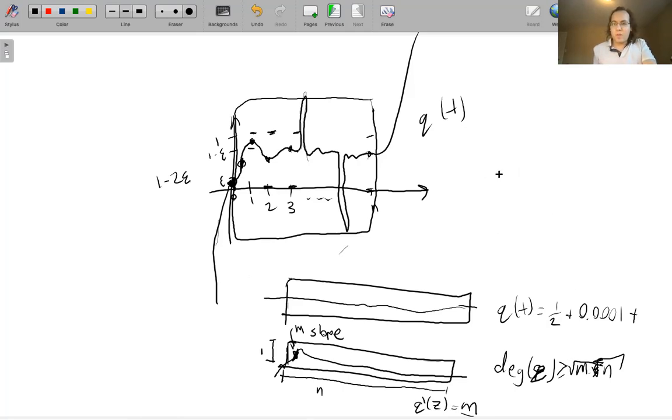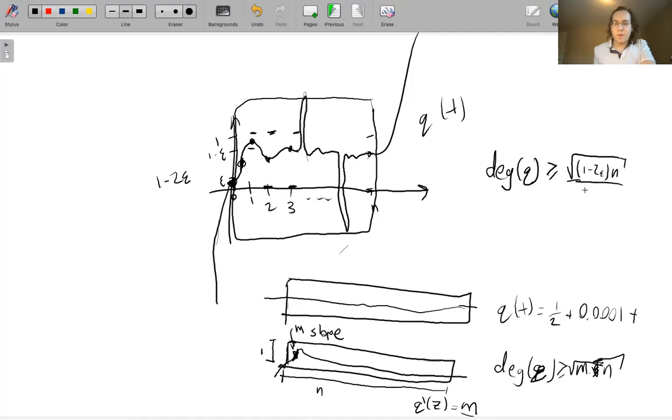Then what we conclude here is that, because of this modified version of Markov brothers inequality, and the formal proof is in the notes, the degree of Q is at least the square root of 1 minus 2 epsilon times n divided by some constant.